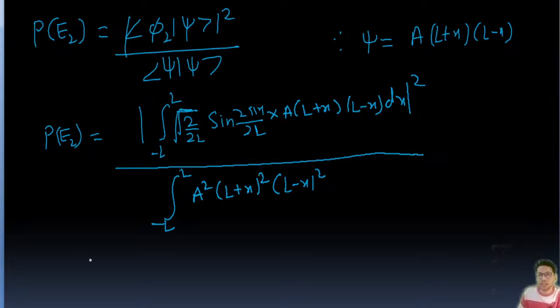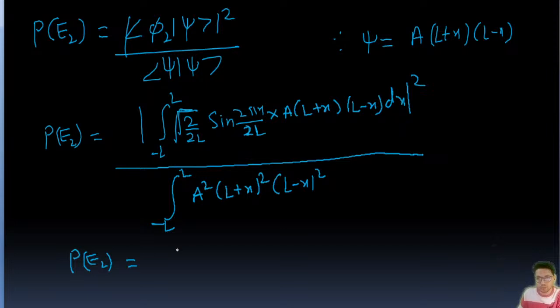And now we'll solve it. So here we can see we'll take this a, and a will get cancelled, and 2L, 2 will get cancelled. L will take common, 1 upon root L. Then we can see sine 2πx upon 2L into a(L plus x)(L minus x).